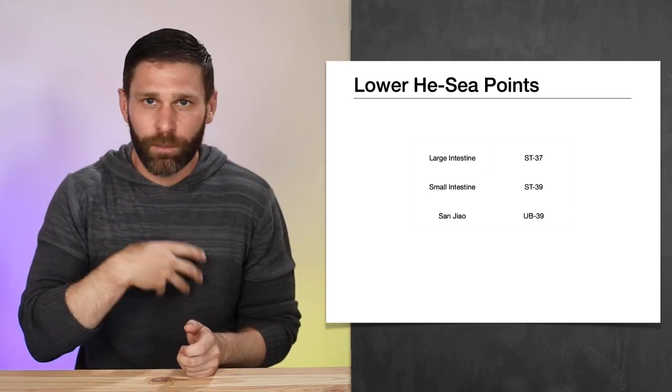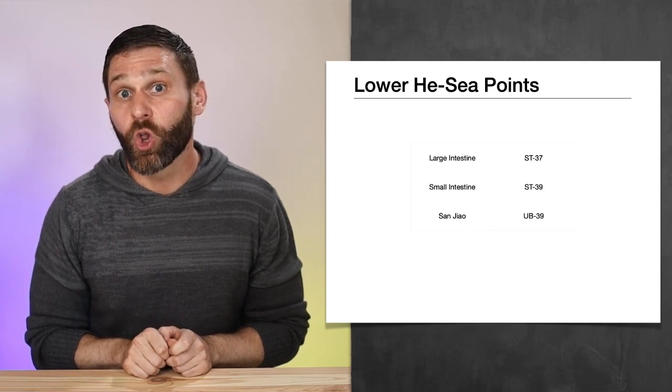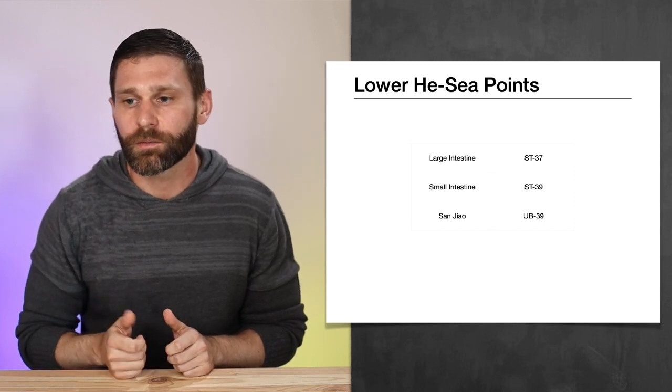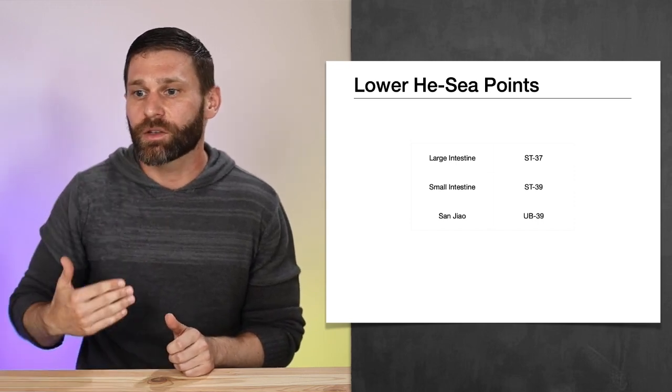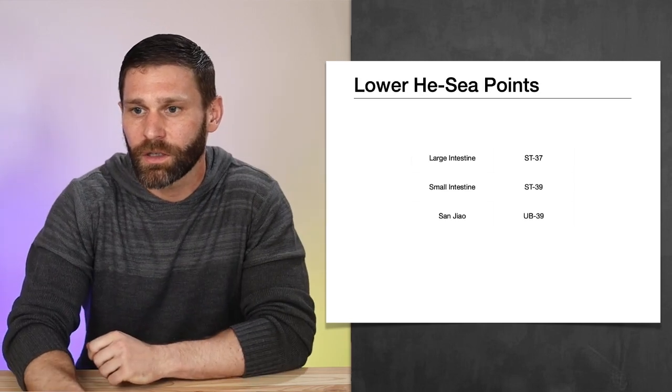If you have heart heat pouring into the small intestine, we can go to stomach 39 because it's the lower He point of the small intestine. And then same thing with Sanjiao, is UB39. So these are all points on the lower leg below the knee. Those are called the lower He points.